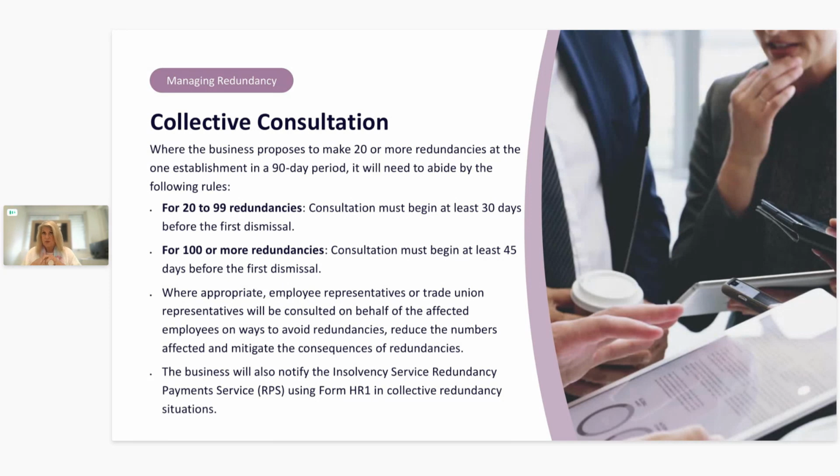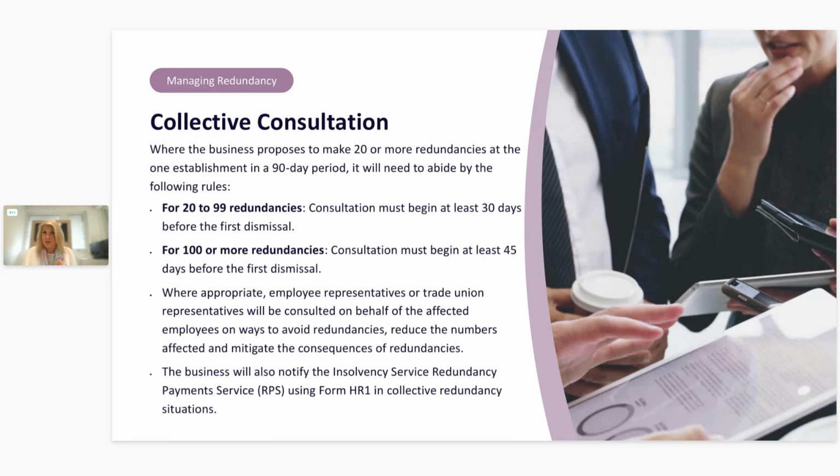With a collective consultation, you have a duty to consult with the appropriate representatives. If there is no recognised trade union, you will need to arrange for the election of employee representatives to carry out the consultation. A good and fair way to determine who the representatives should be is to call for nominations and run a ballot for employees to vote for who they want.